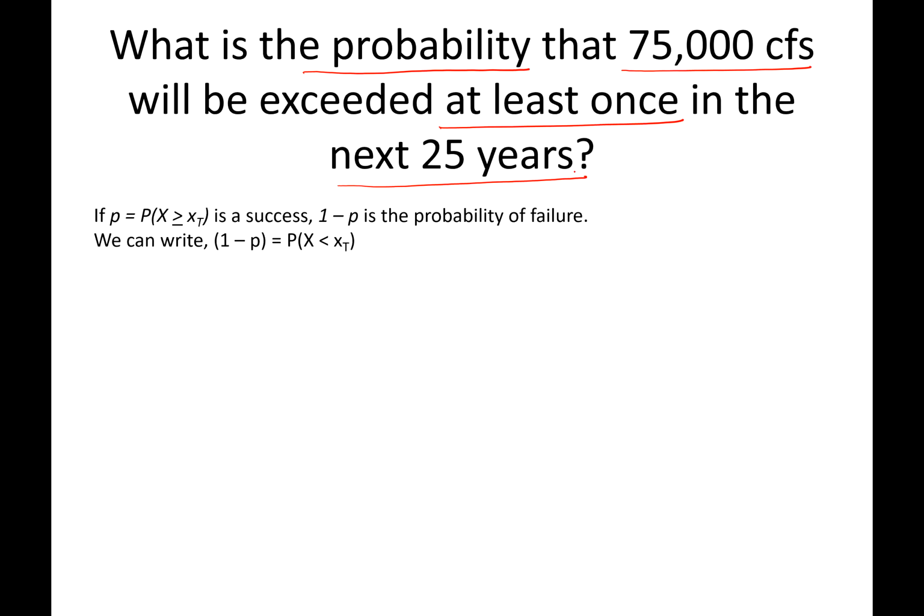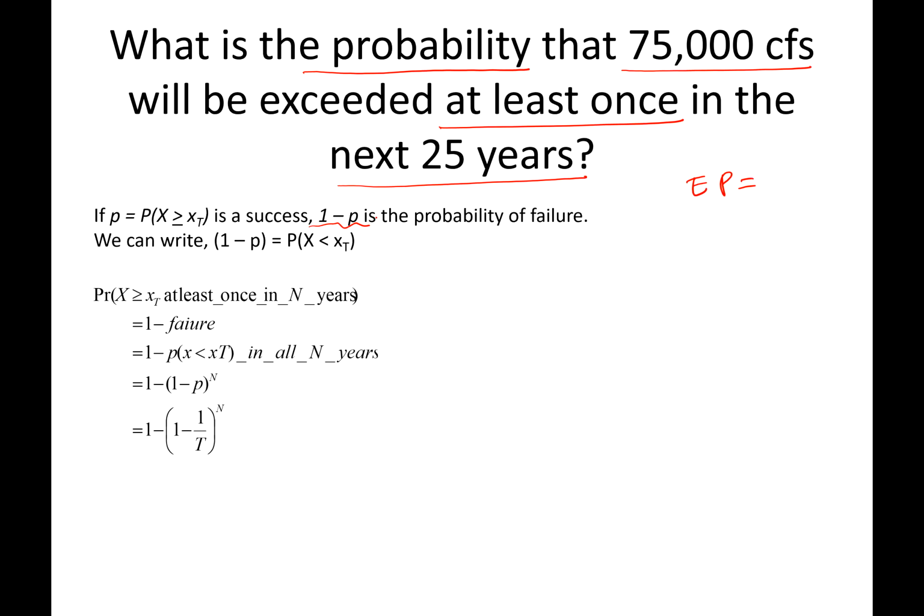To do that, again, we can use the theory of probability to find the exceedance probability associated with that. If we say P or EP is our success, which means the flow gets exceeded, then the probability of failure is 1 minus P.